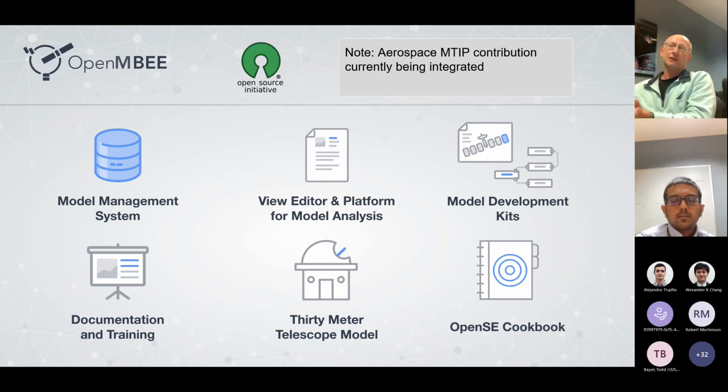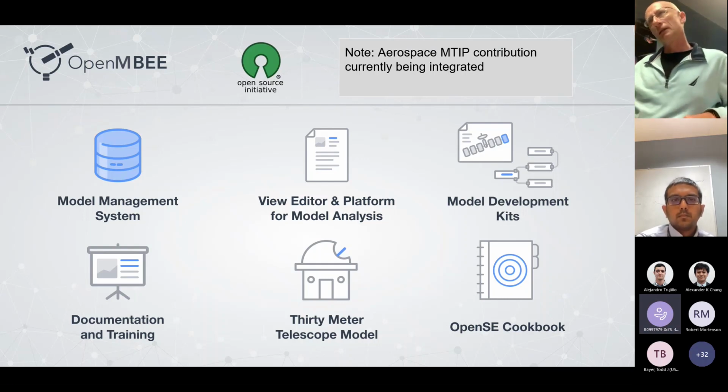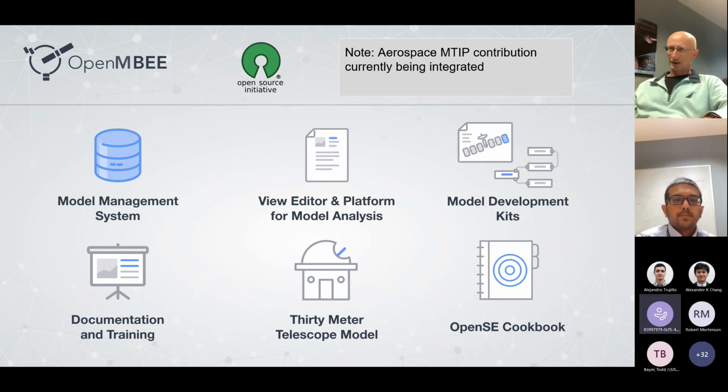So you have those maybe different clients. For example, one very popular one is Cameo Systems Modeler. So there's a model development kit that allows you to integrate with MMS. There's a bunch of documentation and training, and lots of presentations. This presentation is actually from our community Google Drive.